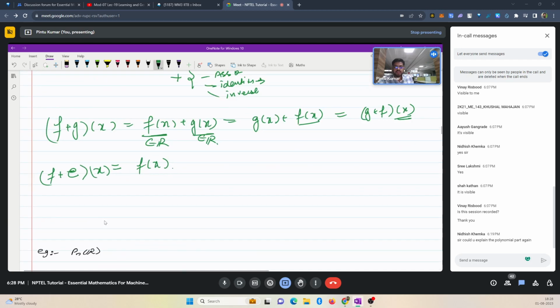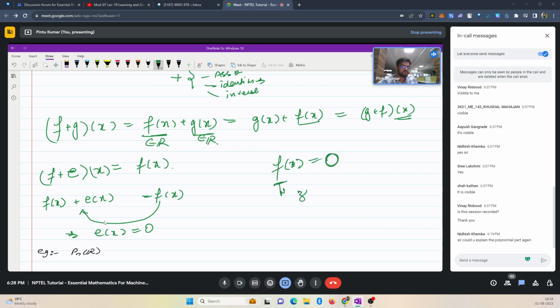Now, if we break the left part, this is f of x plus e of x is equal to f of x. Now, if you take this side, what does this mean? E of x is 0. So, f of x is equal to 0. This particular function is the 0 function for this particular vector space.